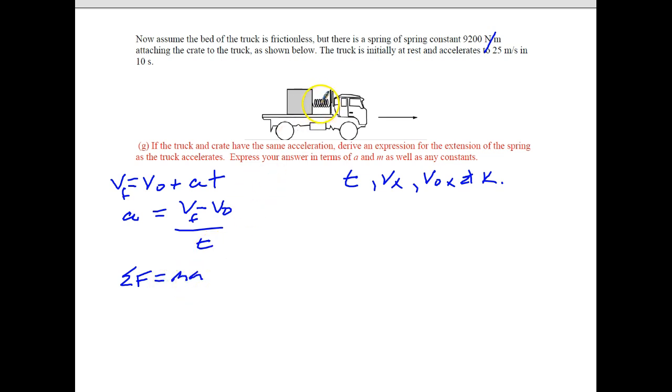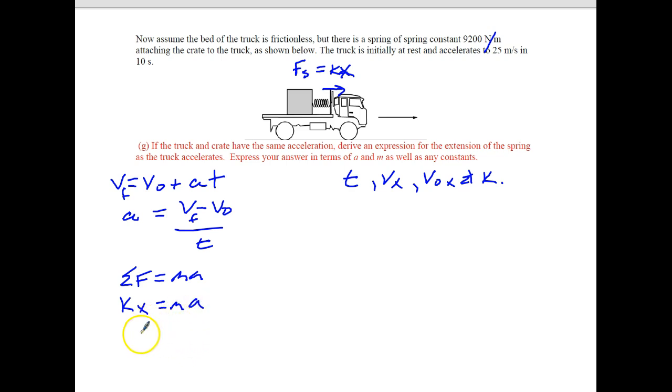The force here is the force of the spring, which is equal to kx. Oops, I put ka, that should be kx. That's the only force we're worried about, the thing that is pulling the box this way. So kx is equal to m times a.